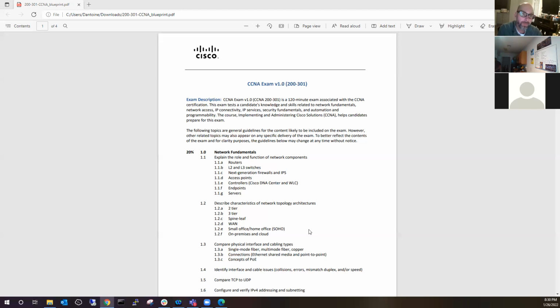Next generation firewalls and IPS. All right, so I didn't see too much of that in the CCNA book. So tell me what you know about intrusion protection. Yeah, so IPS bases its behavior off of signatures.